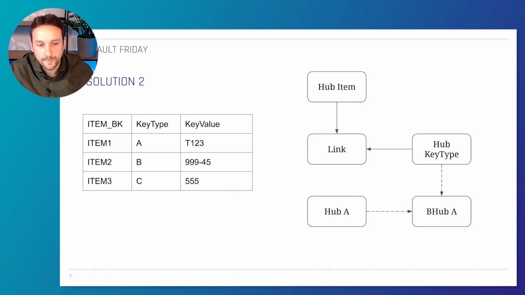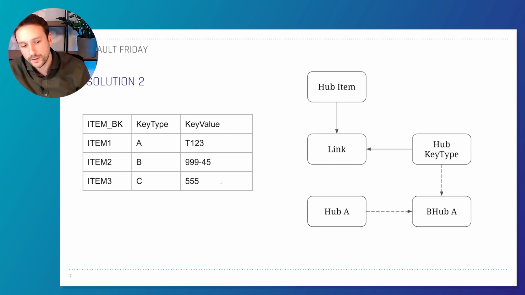So in this case, for example, you could create a hub of all, I call it just a hub key type, where you load all the key values into one hub, and the business key becomes the composite key of the key type and the key value.